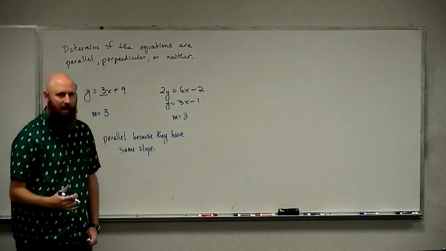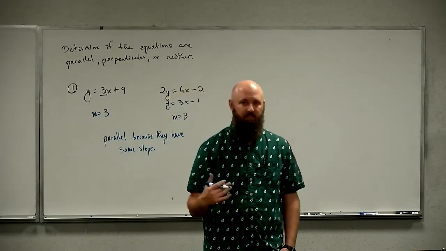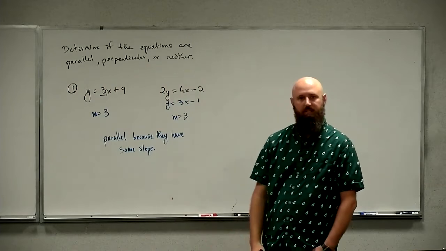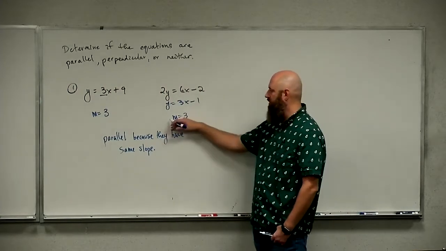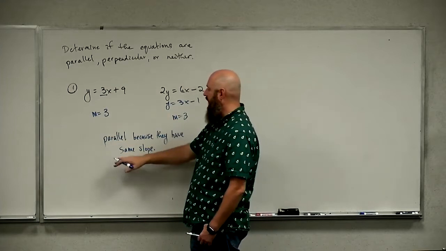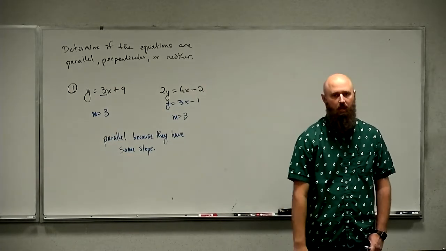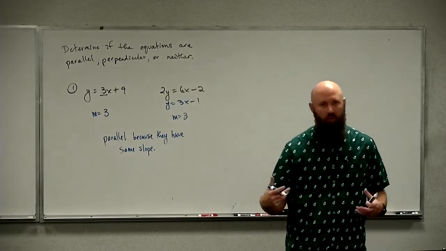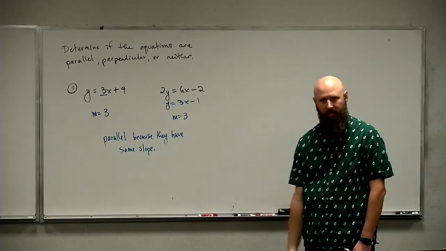Okay, and I'll leave it at that. I won't even make you write that it has different y-intercepts. But on a problem like this on an exam, you will need to get those slopes, tell me what they are, even if the question doesn't say so. You would need to show me what the slopes are, and then tell me they're parallel because they have the same slope. You've got to tell me why they are parallel. So that's what you would do right here.